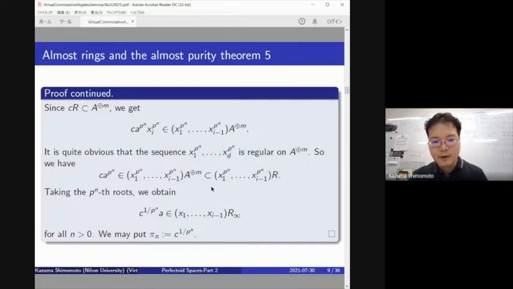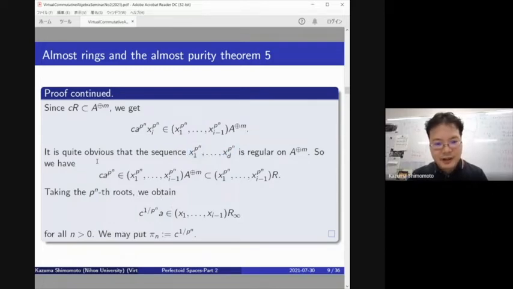Therefore, we have c times a to the p to the n. So in other words, this relation can somehow be trivialized. Okay, so this is a regular sequence.